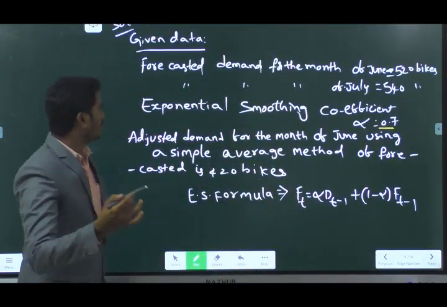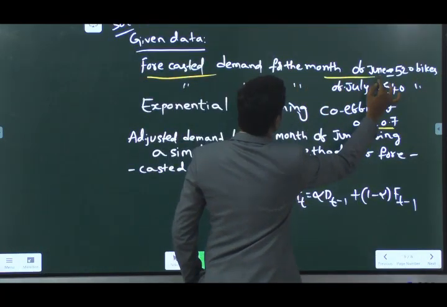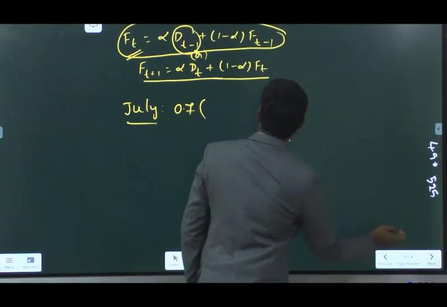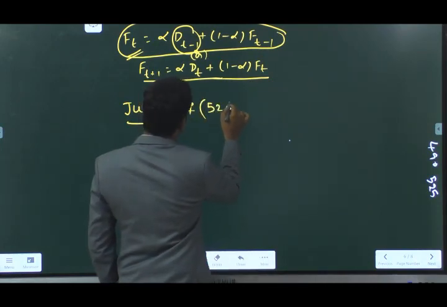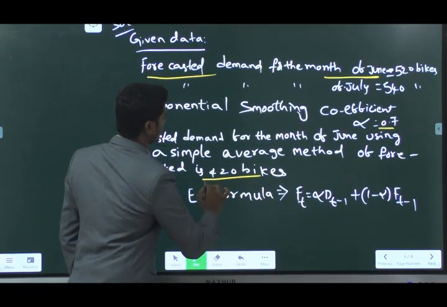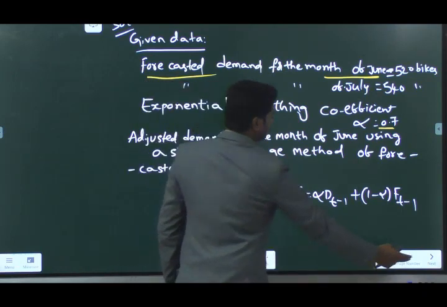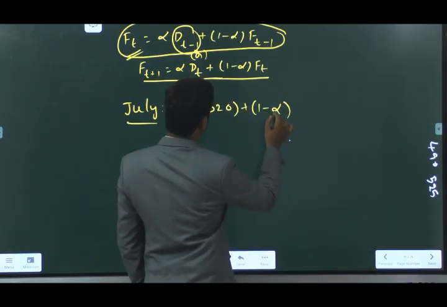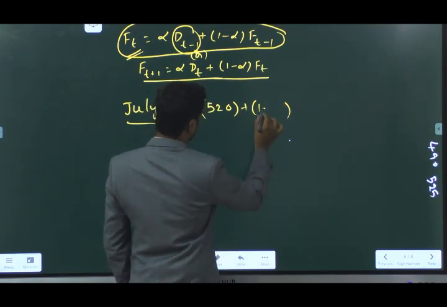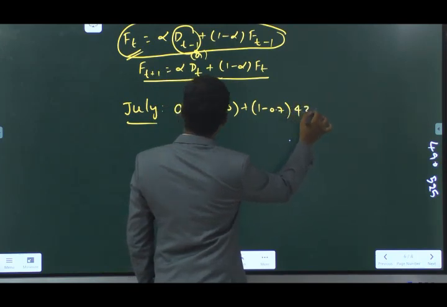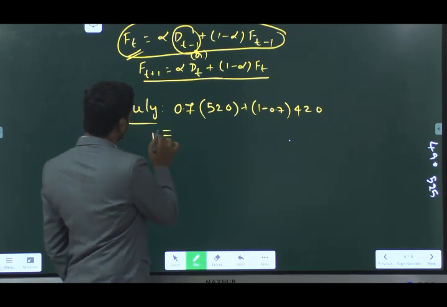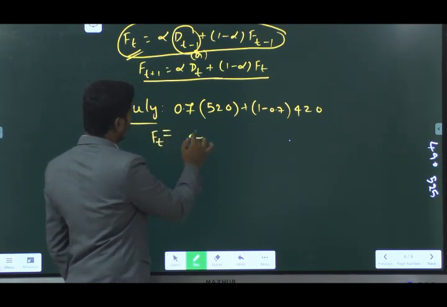June is the previous month for July, that is 520 bikes, plus 1 minus alpha, into the forecasted demand for the June month, which is 420 bikes. Here 1 minus alpha is 1 minus 0.7. From this we get Ft of July equal to 490 bikes.